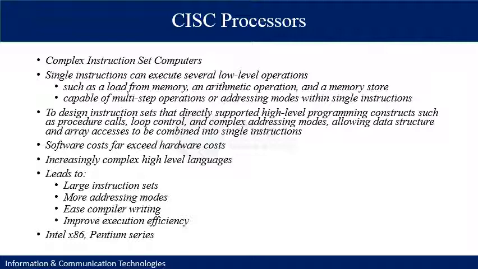In the CISC, there is an option for a single instruction to be decoded in multiple operations at low levels. For example, a single instruction can load the data from the memory, perform some execution, and then store the data back to the memory. So it is capable of multiple operations and accessing different kinds of modes within the single instruction.